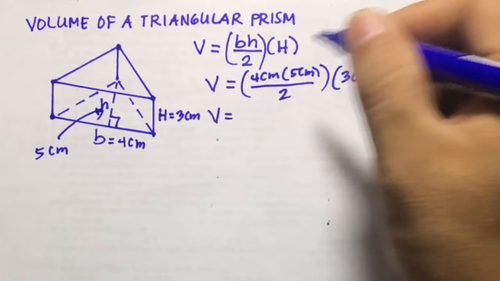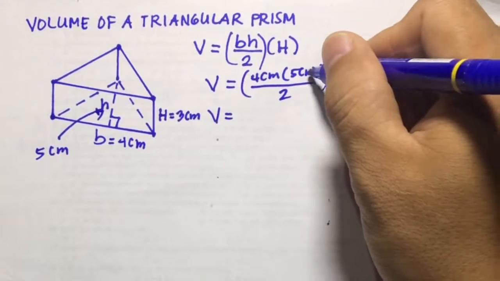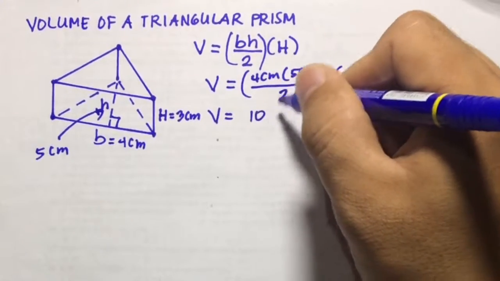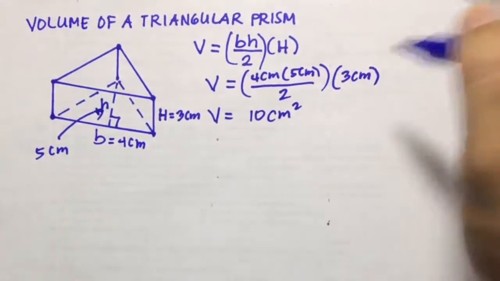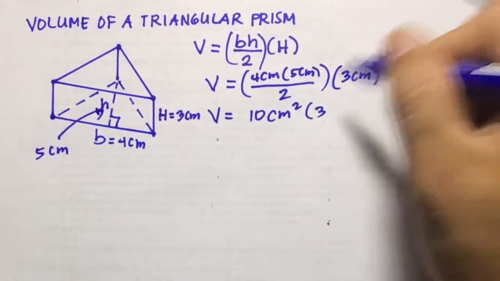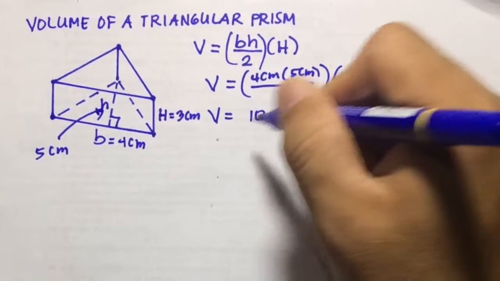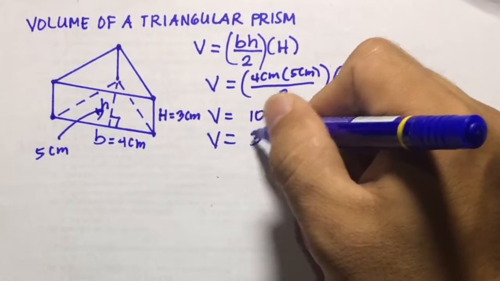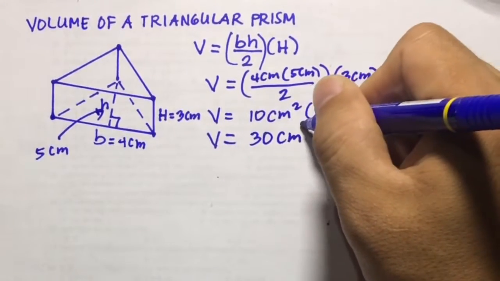So V here will be equal to 4 times 5 will be 20 centimeters squared, divided by 2. This will be 10 centimeters squared. Then times 3 centimeters. So the volume here will be equal to 10 times 3, 30 cubic centimeters.